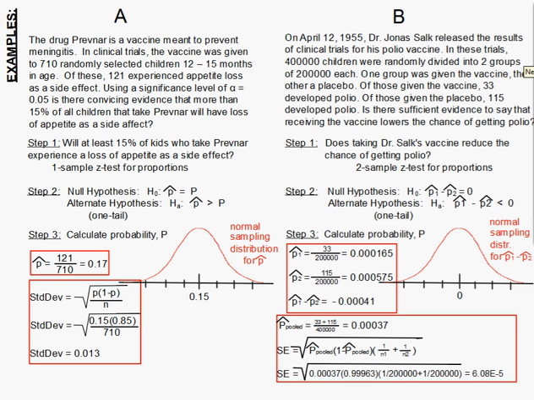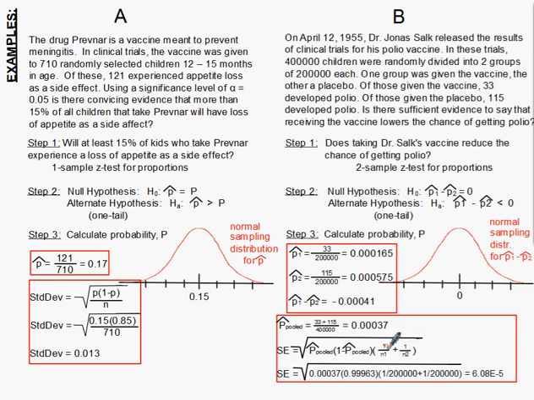Here are those equations. Here's the one sample equation. We plug in our p, our 1 minus p, and we get our standard deviation. Now here, if you look at the equations, since we have two sample proportions, we have to calculate a pooled proportion, which is essentially averaging the two.